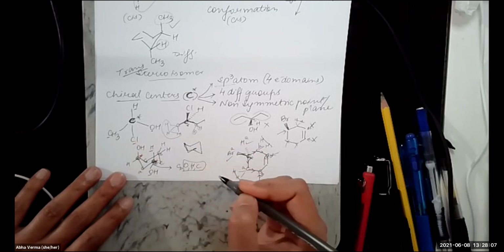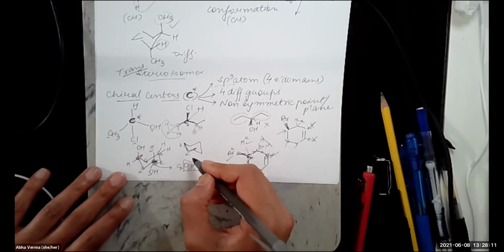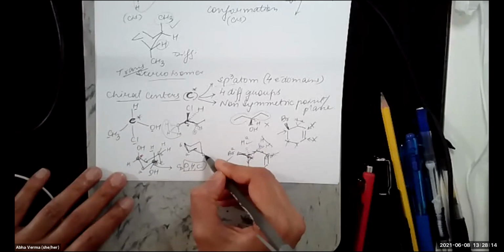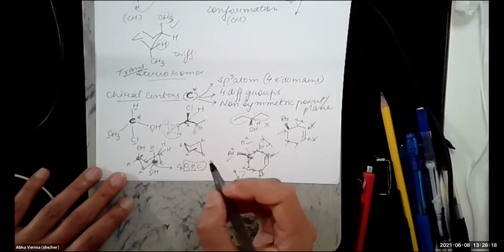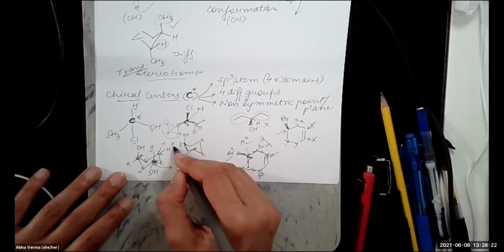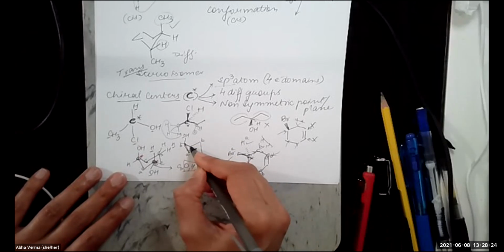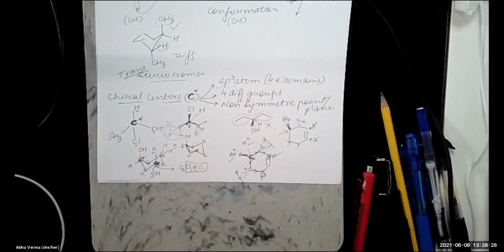Because I'm focusing on this, this will now become my A, this carbon will become my B. Walking from here, this carbon will become my A, this carbon will become my B. And the B carbon, what do I have? I have a hydrogen, an oxygen, and a carbon. So you have to walk away from your carbon of interest.